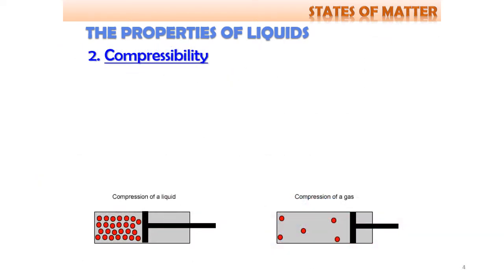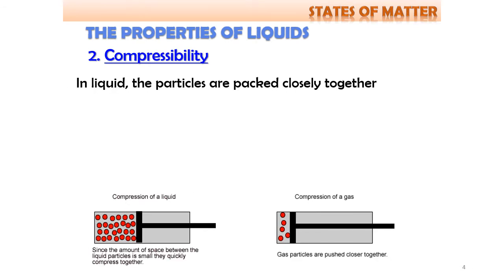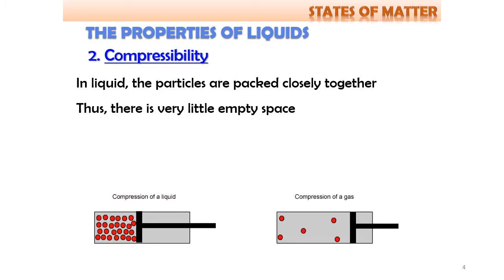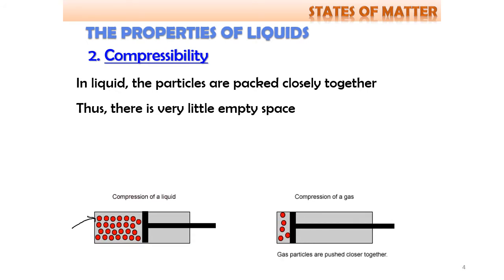So let's have a look in terms of compressibility. In liquid, the particles are packed closely together compared to gas. Therefore, you can see there is very little amount of space between them.